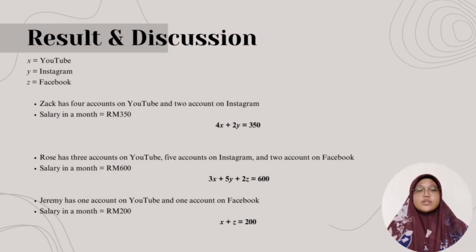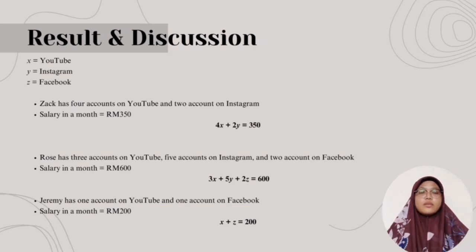We can label each of the social media platforms as x for YouTube, y for Instagram, and z for Facebook. From the question, we know that Zack has 4 accounts on YouTube and 2 accounts on Instagram, and his salary in a month is 350 ringgit. The equation would be 4x plus 2y equals 350.